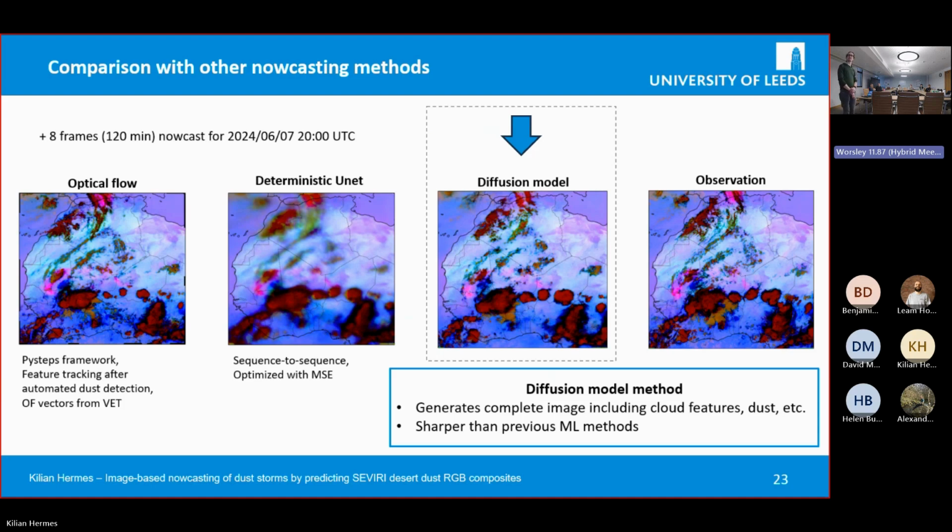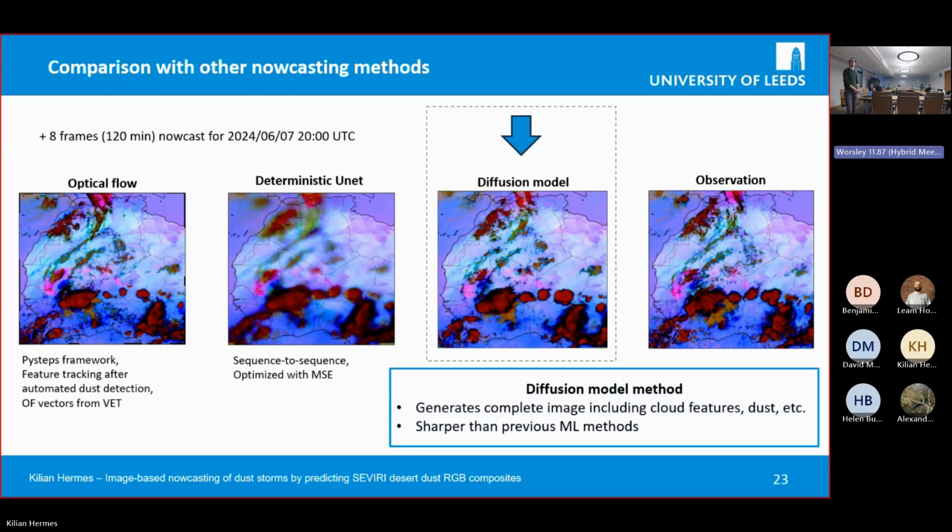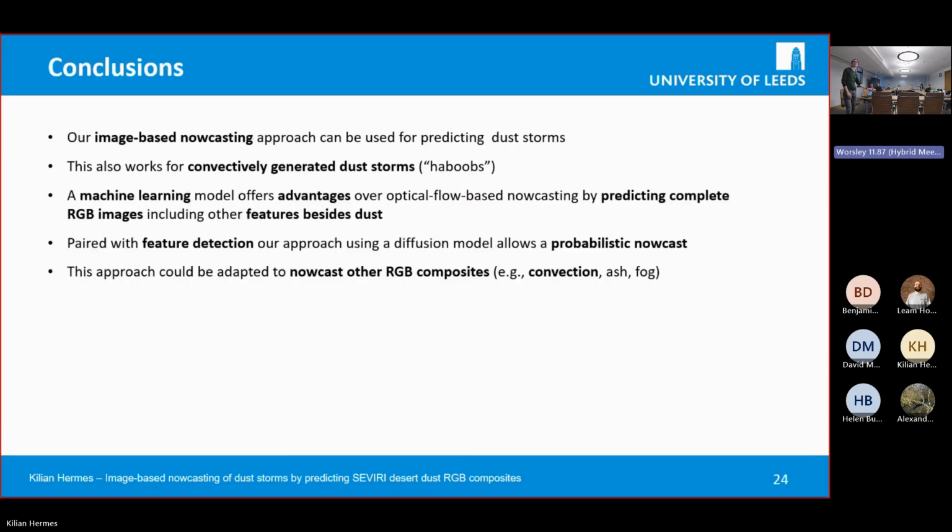So this looks quite promising in the way that we can generate a complete image, including other features than dust or the clouds, but also the color cycle somewhat, and it's much sharper than previous methods. And concluding, this nowcast can be used for predicting dust storms.